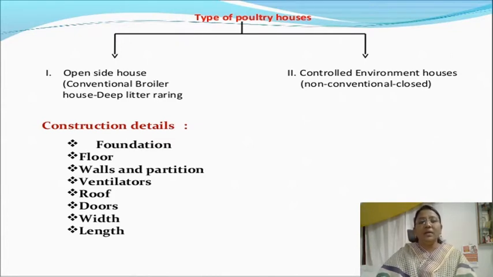And in poultry houses, it requires some construction details, that is foundation, flooring, walls and partitions, ventilators, roofs, doors, width, length, and the temperature to be maintained inside the houses, and relative humidity.